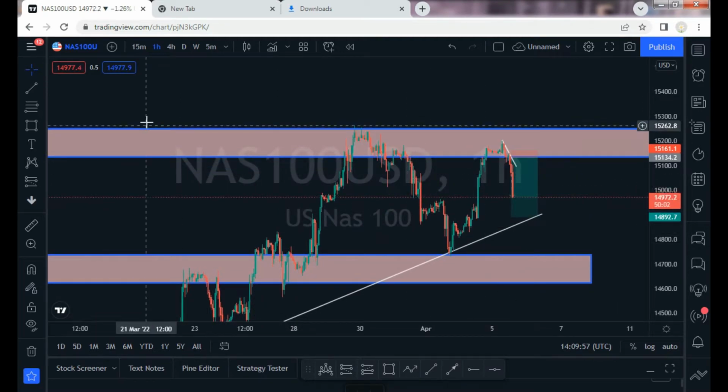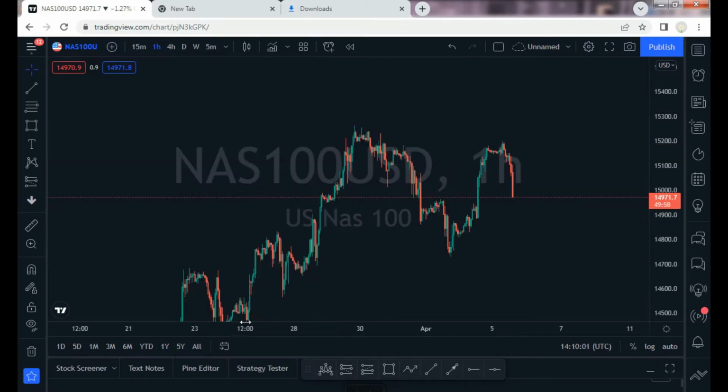I'll just delete this. I'll remove the drawings. Okay, so whenever you want to analyze any market, you have to start from the higher time frame down to the lower time frame. From the daily, you go down to 4 hour, go down to 1 hour, 15 minutes, 5 minutes, and if necessary 1 minute.